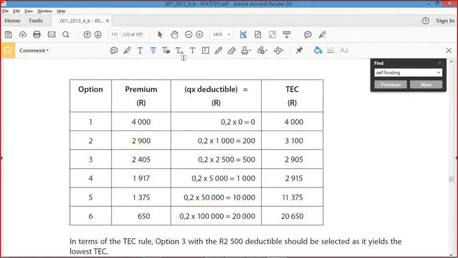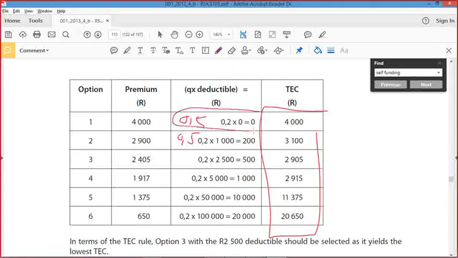If I had to change these figures, let's say the probability went up to 50%, 0.5 times those amounts is going to give us a very different table. Then we might go with maybe higher premiums and lower excess if the likelihood of being in an accident is very high. So that's the concept this table is trying to explain to us.